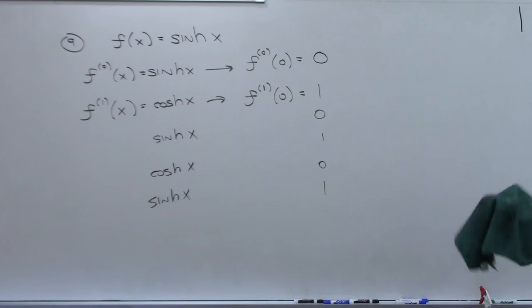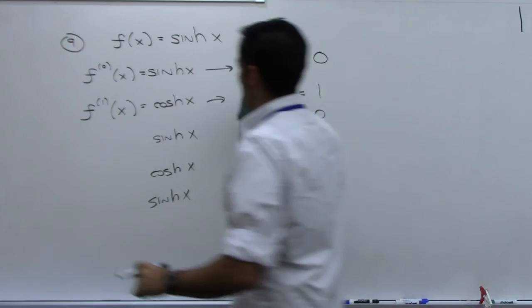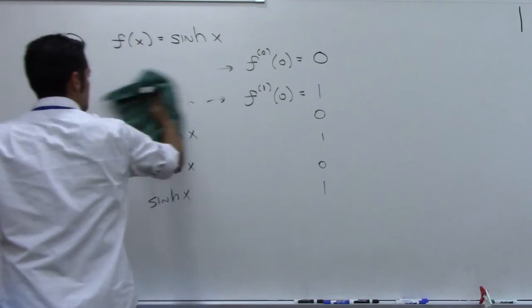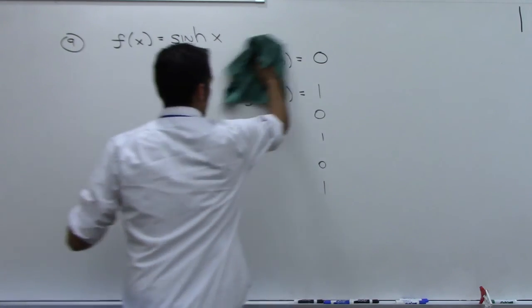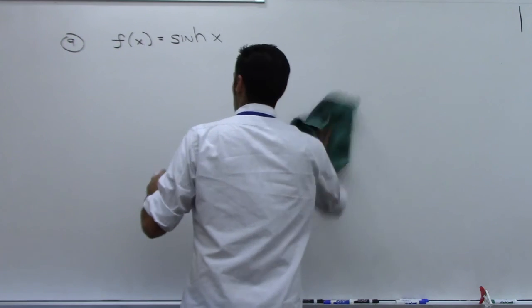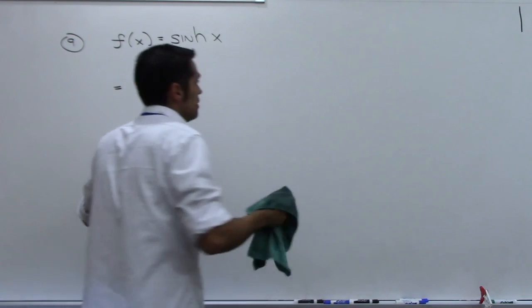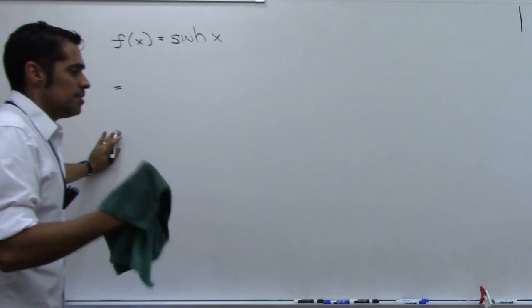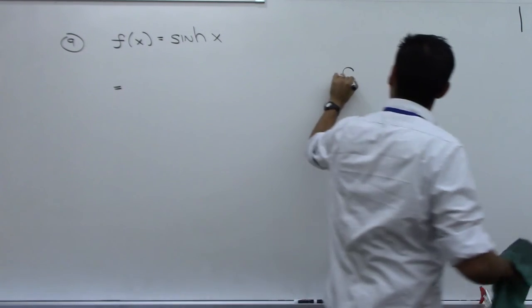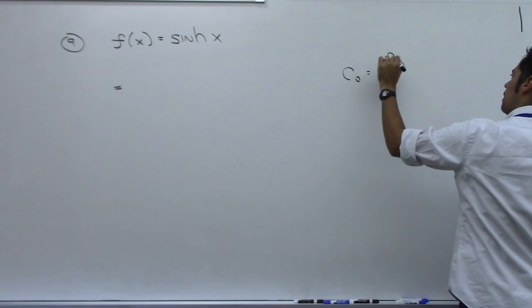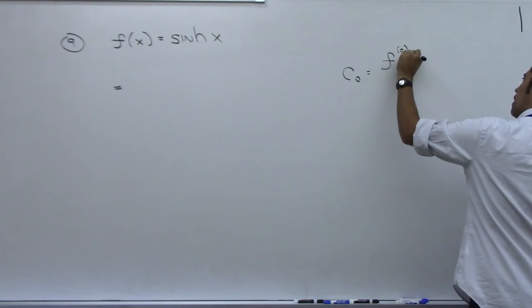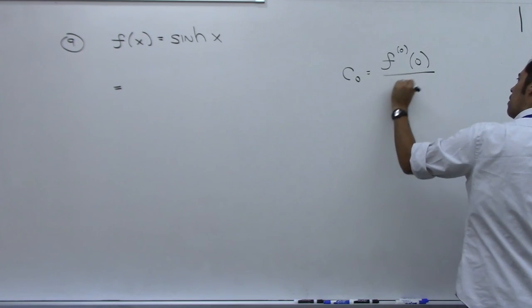And so what I'll do is just write out this Maclaurin series, and then I'll try and come up with a formula for it. So I know that this is equal to c sub 0, which was the 0th derivative at 0 over 0 factorial.